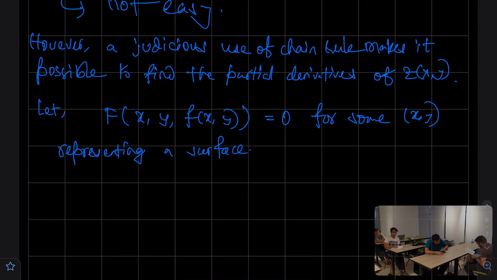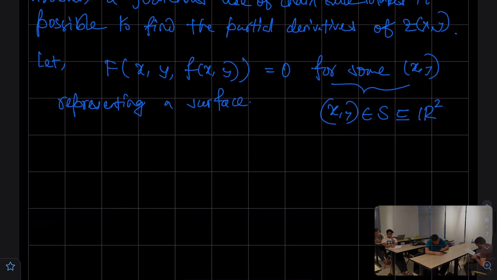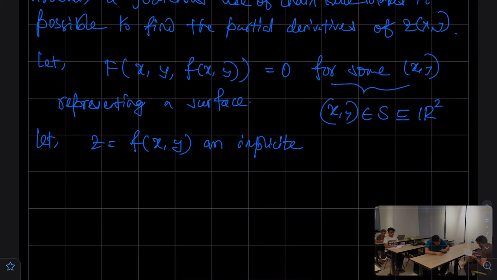When I say some x, y, this means really that this (x, y) is in the open set S, which is a subset of R2 in this case. Okay. Now let z equal to f of x comma y, an implicit representation of z.